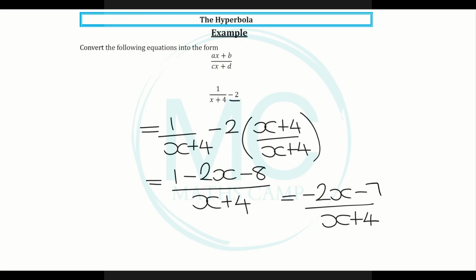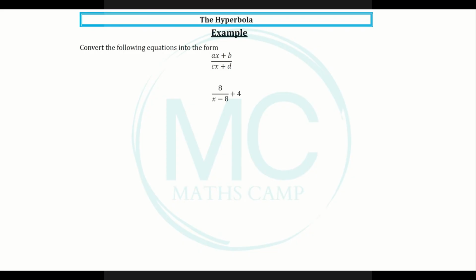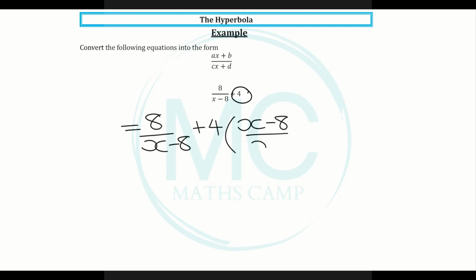Let's do another one. 8 over x minus 8 plus 4. Again, let's multiply 4 by a fraction. So we can say 8 over x minus 8 plus 4 multiplied by x minus 8 over x minus 8.